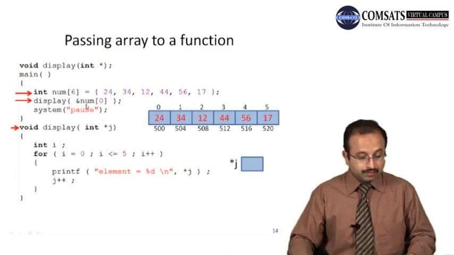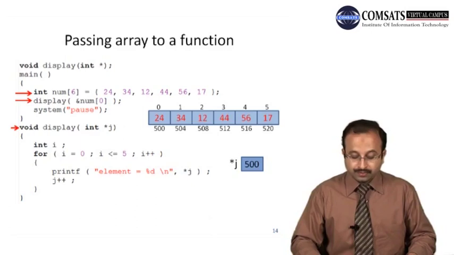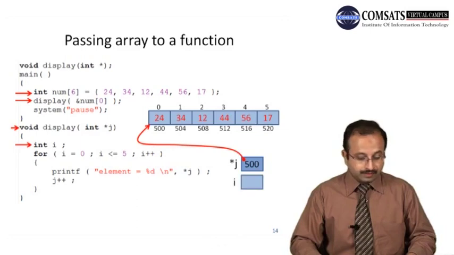That is the address of num0, the 0th index element. What is the address of this element? That is 500. So 500 will be passed to this pointer. So the value contained by the pointer, that is the memory address, is 500. Now this pointer points to this memory location, right? Now we have a variable i.